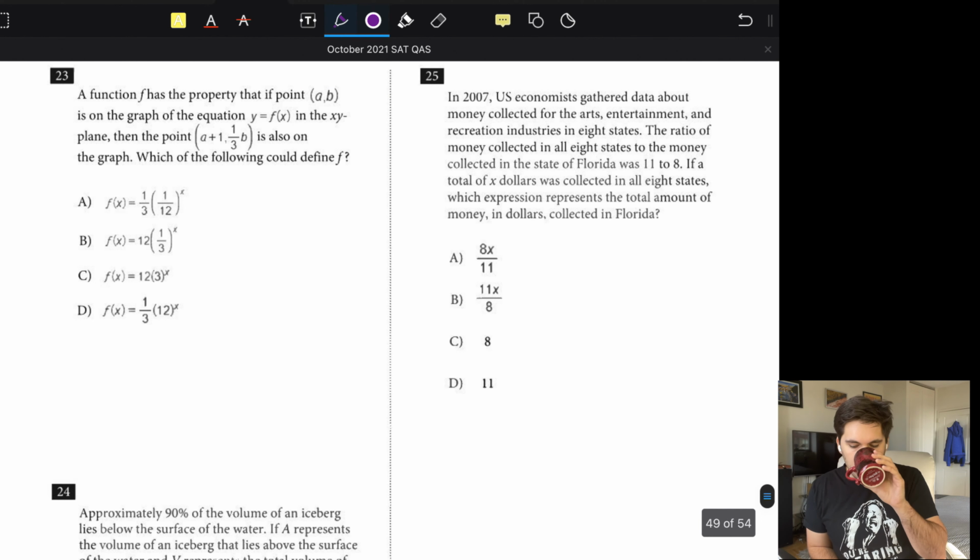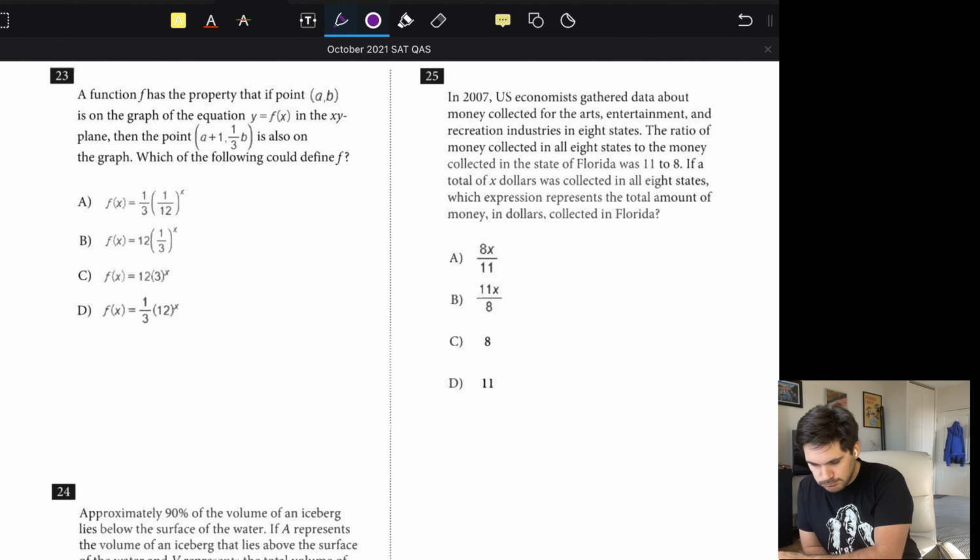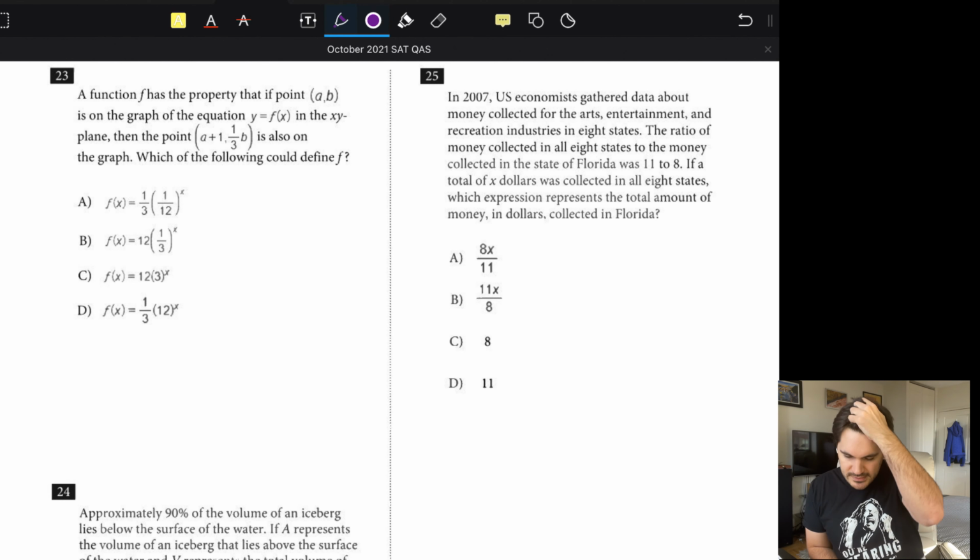23. We have this point on this graph. Which of the following could define f?